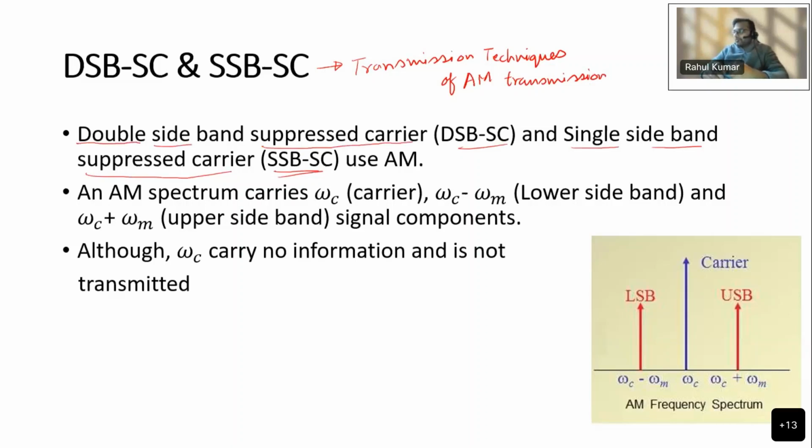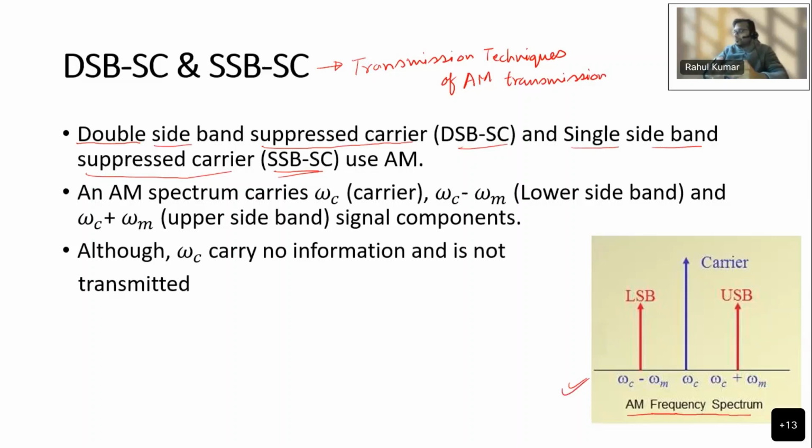Now, frequency spectrum. This is the frequency spectrum of your amplitude modulated signal. Frequency spectrum in general is the range of frequencies contained by a signal.